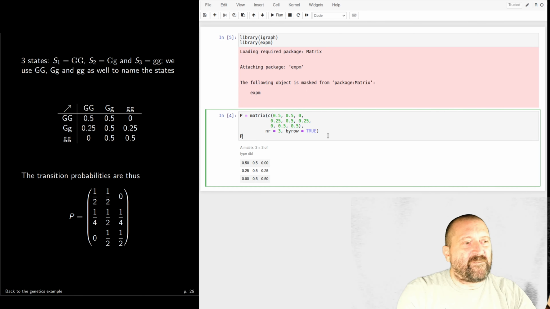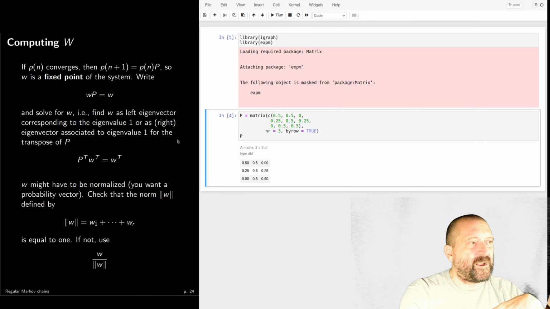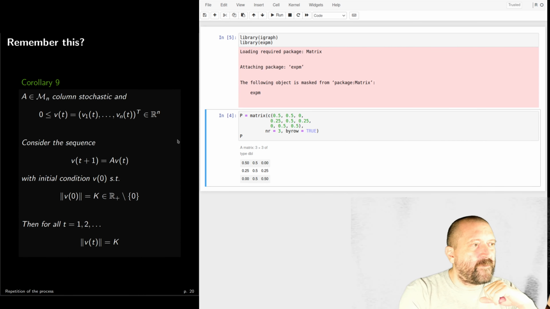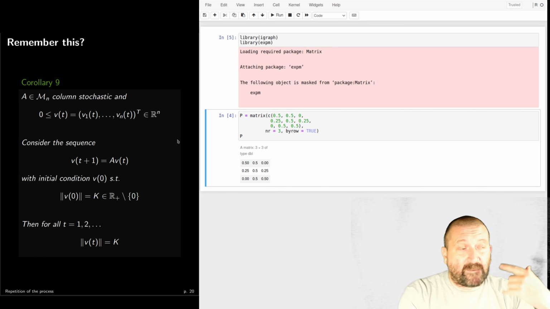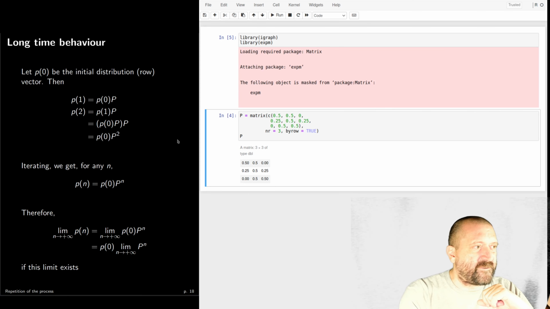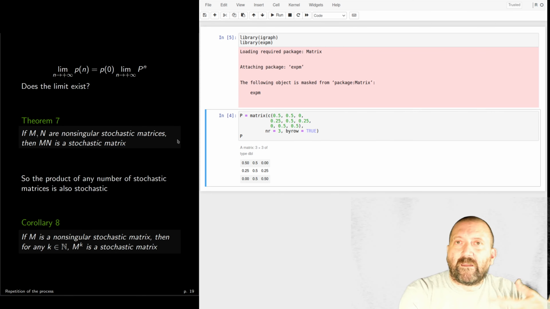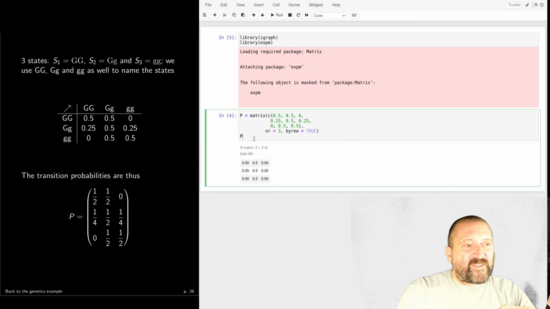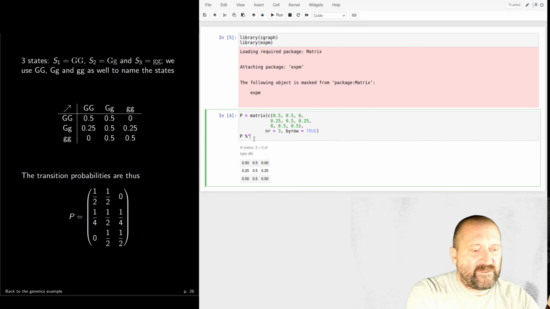This matrix has 2 zeros, so we don't know yet that it's regular. By definition, a Markov chain is regular if the transition matrix is primitive. To check primitivity, I want to show that all entries are positive for some power of the matrix. We saw already that the second power of this matrix is primitive, so let's check it.